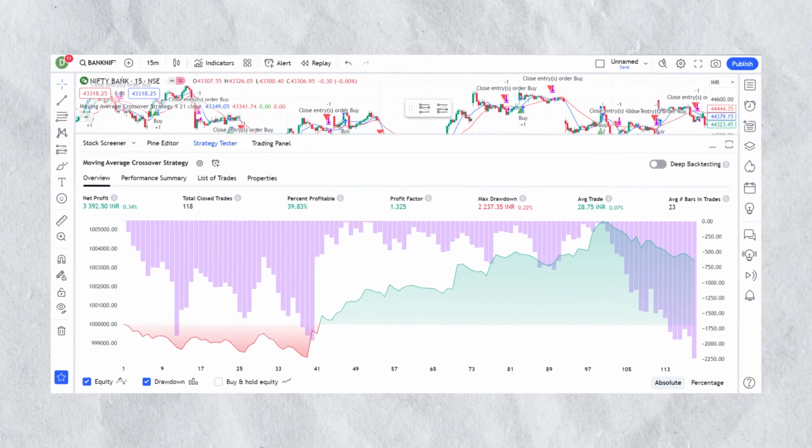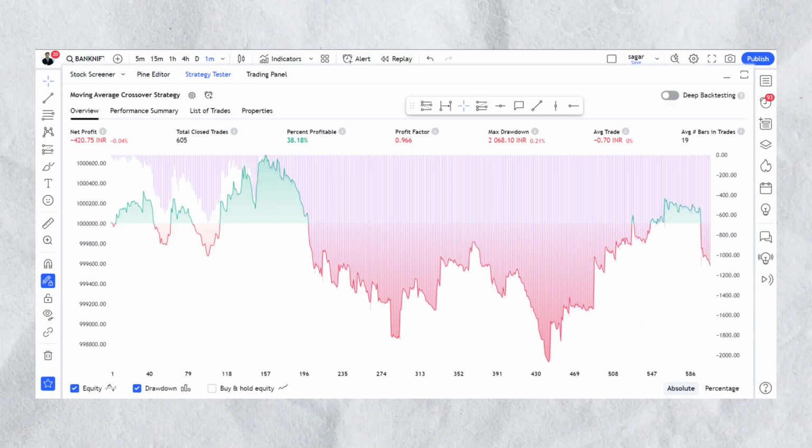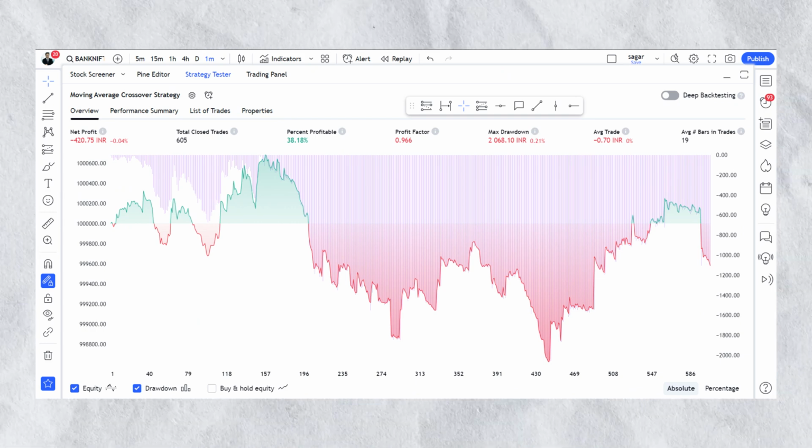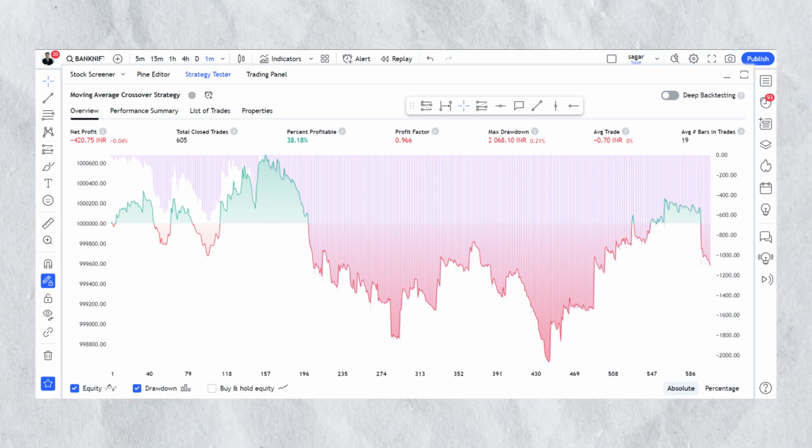Switching to the 15-minute candle chart, we had 242 trades with great profit, while the 1-minute candle chart returned a surprising loss of 0.04%. From this, we learned that the moving average crossover strategy is more profitable with the 15-minute candle chart. It's essential to choose the right time frame for your strategy to maximize your chances of success.